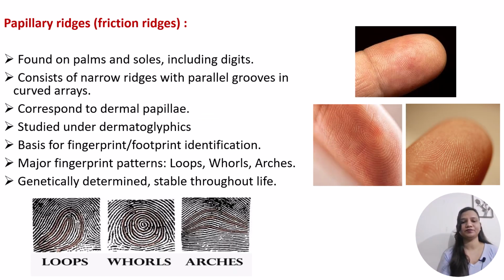Moving on, next are the papillary ridges, which are also called friction ridges. These ridges are found on palms and soles, including digits, and they consist of narrow ridges with parallel grooves in curved arrays.